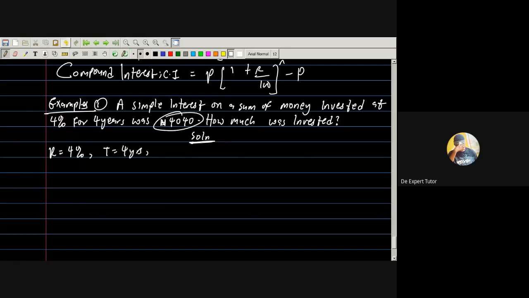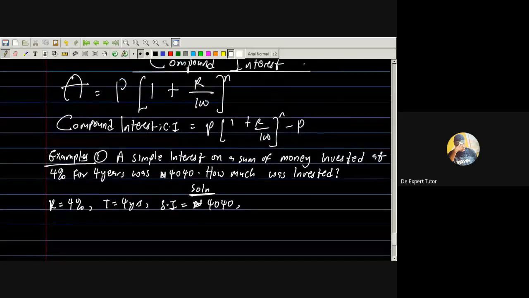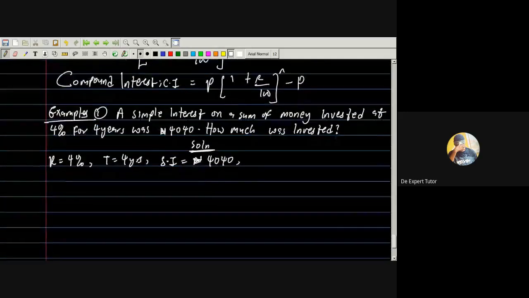And what we have here is the simple interest they are telling us. How much was invested? Don't forget when I was telling you about principal. The principal is the amount that you invest, borrow, or that amount you are starting with. That's my principal. So I have simple interest equals P times R over 100 times T.